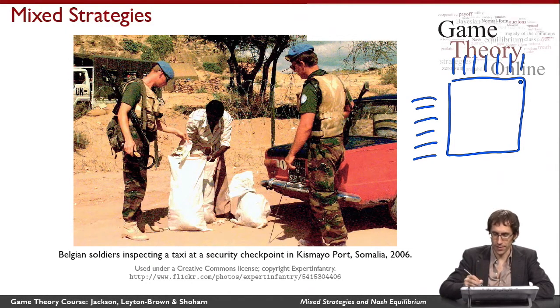If the defender defended that road and the attacker attacks it, then the attacker gets a large negative payoff because they're captured and their attack is not successful. If, on the other hand, the attacker attacks any other road, then the attack is successful, and the utility of the attacker depends on the value of the target that was attacked and wasn't defended.